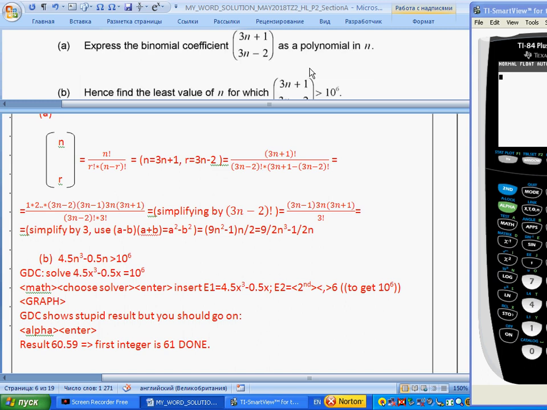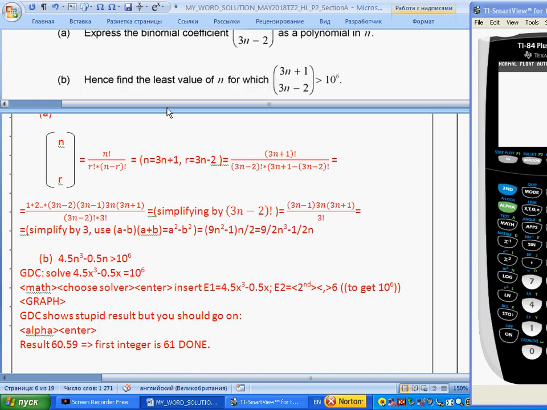Question is done. B. Hence, find the least value of n for which this expression is more than 10 to the 6th.